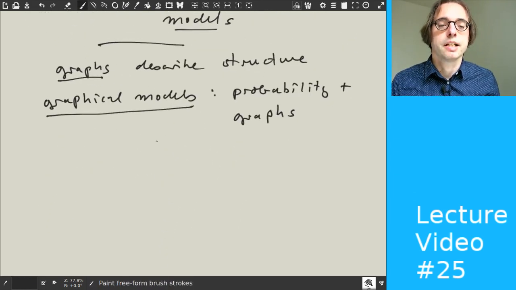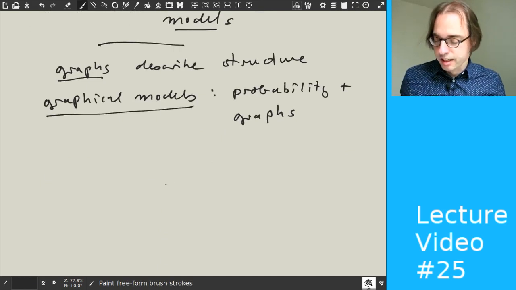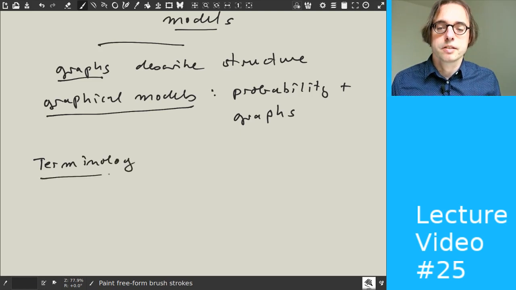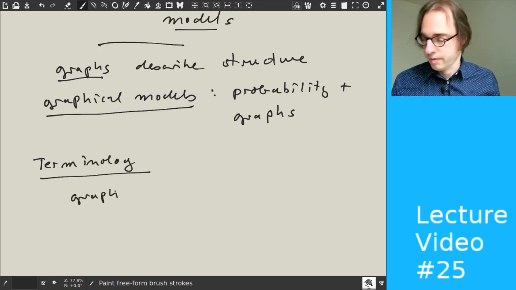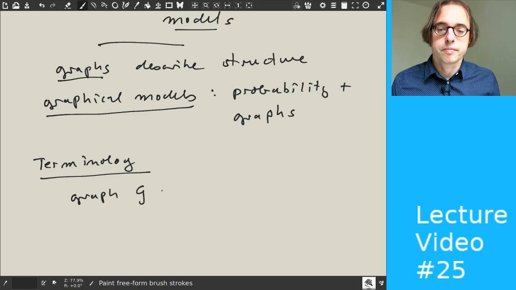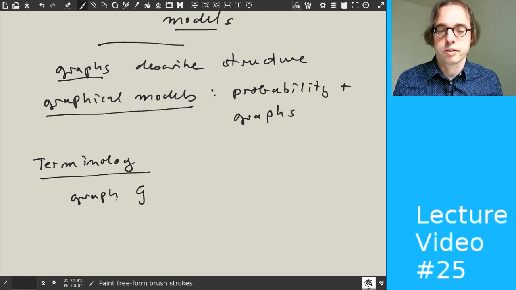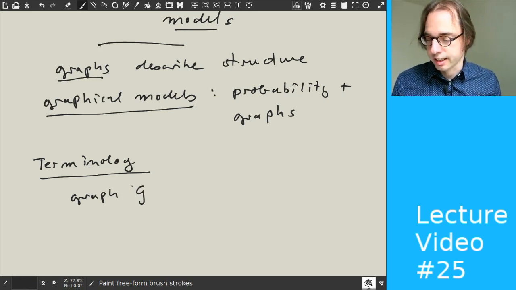But this points out that we actually need to learn some terminology, mainly from graph theory. So we have a graph G, and a graph is, mathematically speaking, nothing else but a collection of vertices or nodes and edges.